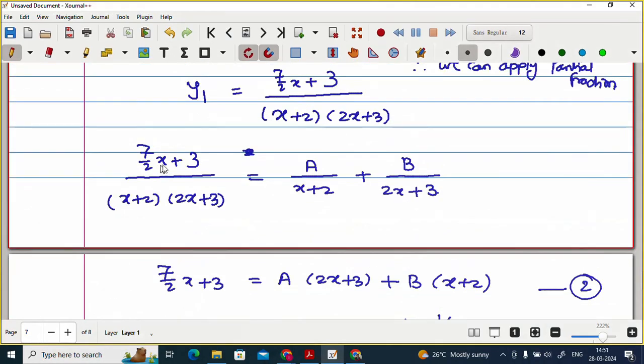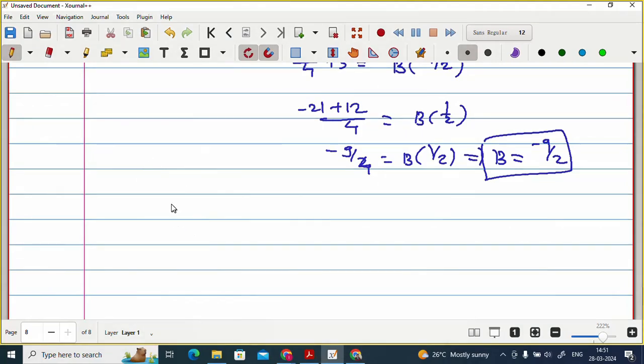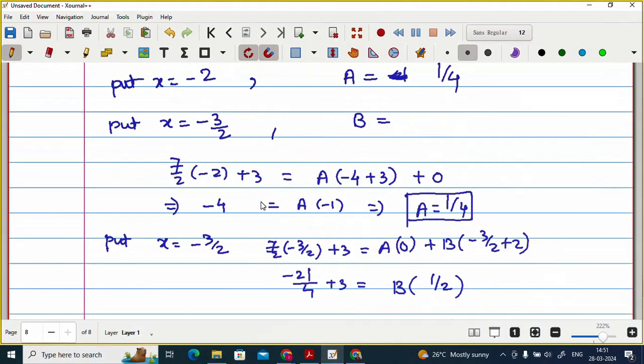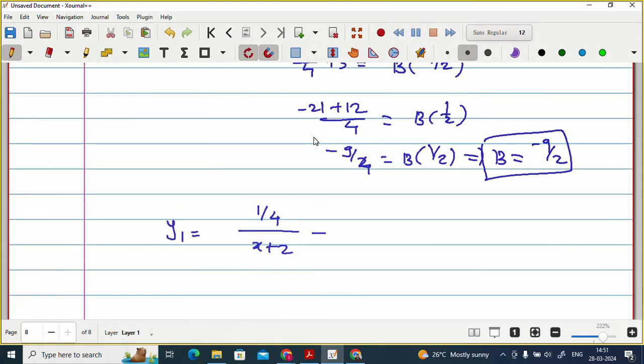So y1 will be equal to a upon x plus 2 plus b upon 2x plus 3. So y1, a is 1 upon 4, 1 upon 4 upon x plus 2 plus b upon, what is b, minus 9 by 2, so it is minus 9 by 2 upon 2x plus 3.